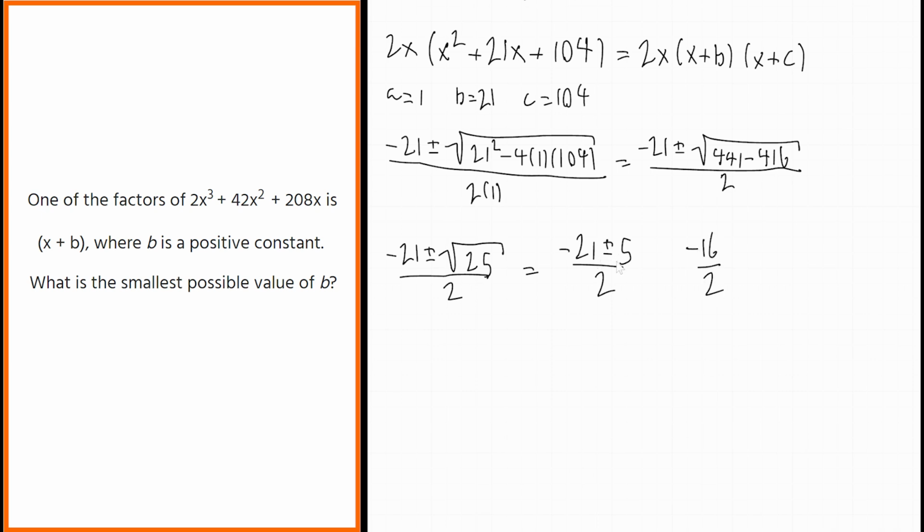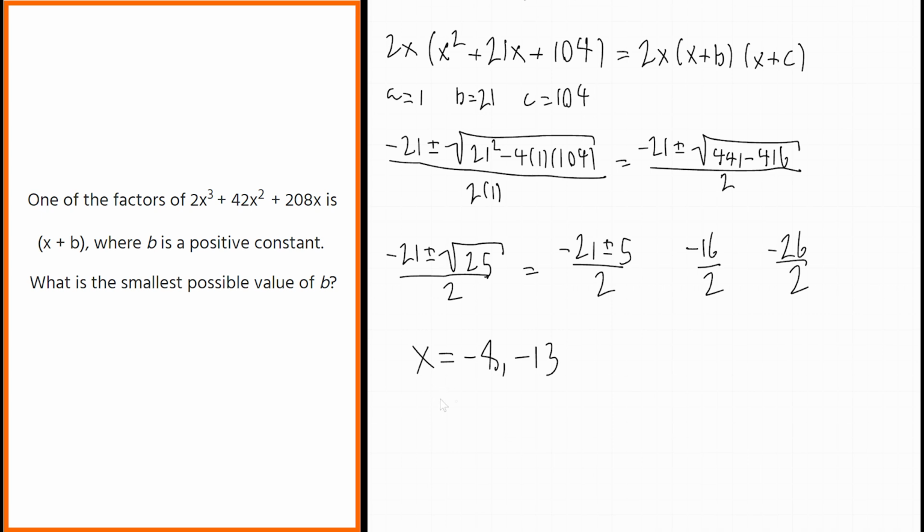We get the minus one, that's going to be negative 21 minus 5, which is going to be negative 26 all over 2. And then that means that our zeros, x values, are going to be negative 8 and negative 13. This means that negative 8 and negative 13, according to the quadratic formula, are the zeros of our quadratic.